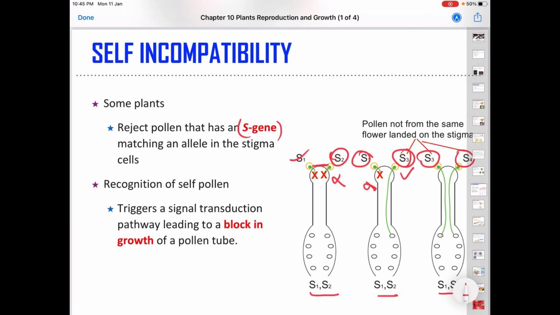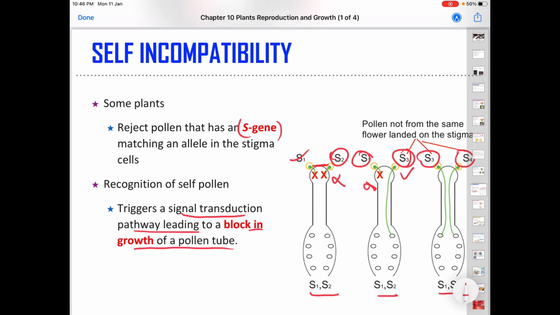The second is recognition of self-pollen. If you still remember, once the pollen attaches to the stigma, it will start to generate the pollen tube. So when the pollen comes from the same plant, a signal transduction is sent by the stigma and causes a block in the growth of the pollen tube.